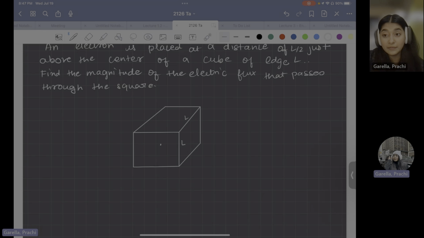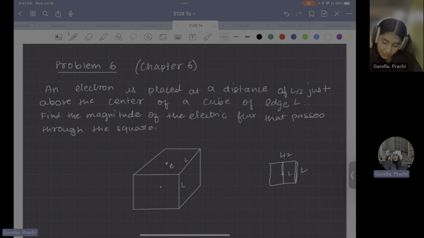So right above the center, imagine this to be a square. This is the center and this is L. So right above the center becomes this, and it's L over 2 distance. So let's just assume it's somewhere here. Okay, so we have an electron here. Now we have to find the magnitude of the electric flux.